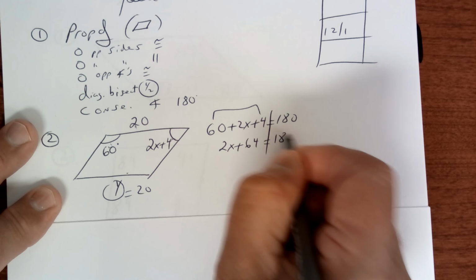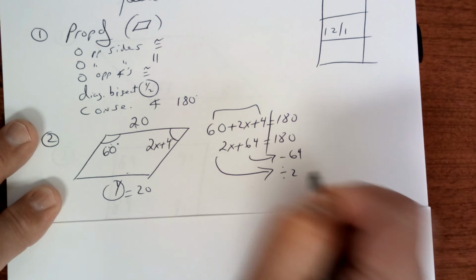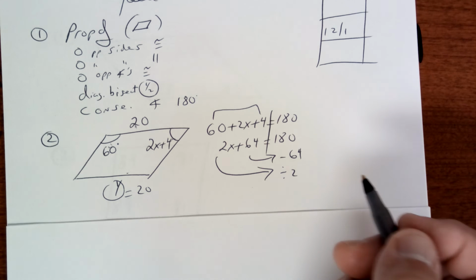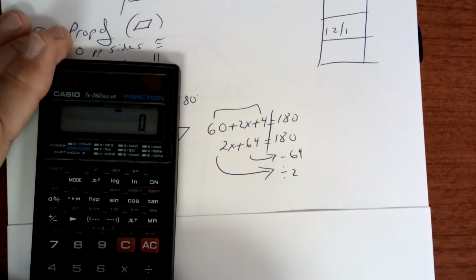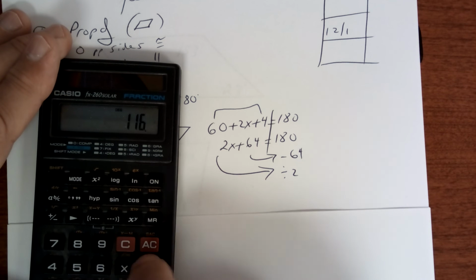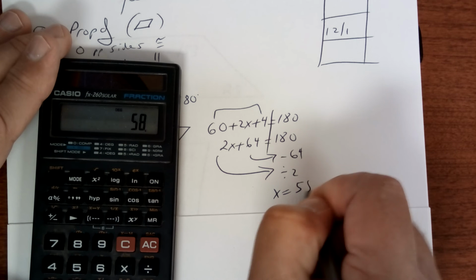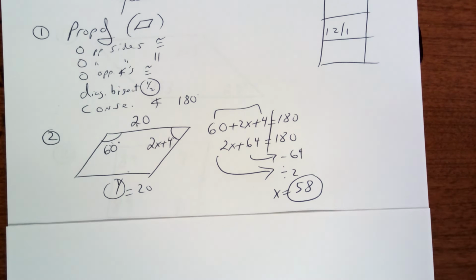And then you have to subtract 64 and divide by 2. Let's go ahead and finish that up. So 180 minus 64, divided by 2, I get 58. Make sure you know how to solve the equation and make sure you know how to set it up.